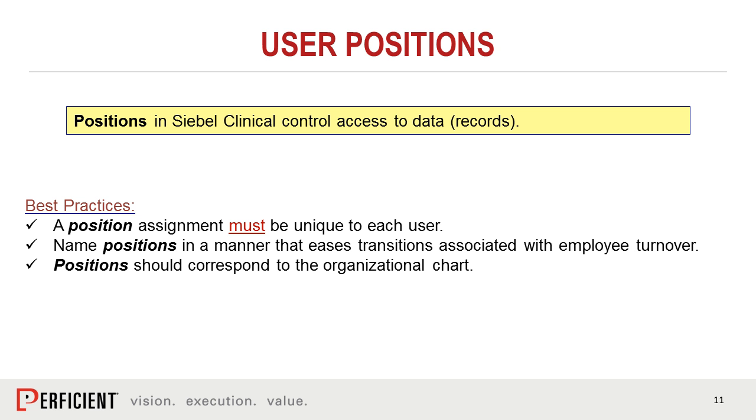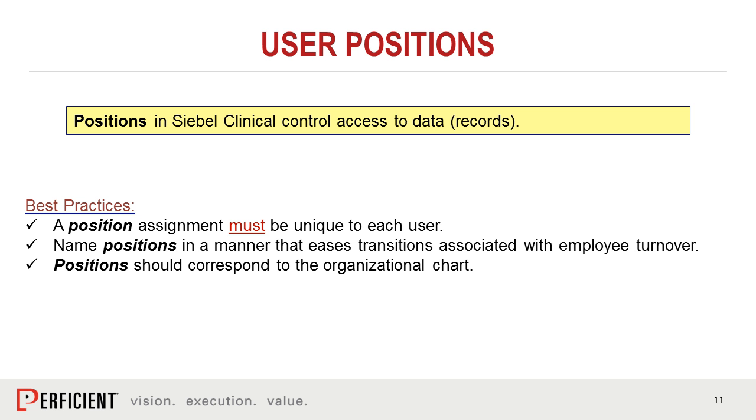To emphasize the point around positions, let's say Jane Jones is an internal CRA and she's decided to leave the company. If the data records were assigned to Jane Jones, instead of an actual position, let's say CRA number 2, then we, as an administrator, would have to reassign all of those data records to the new employee.